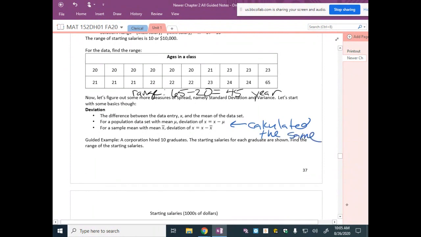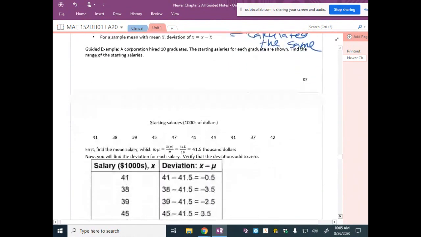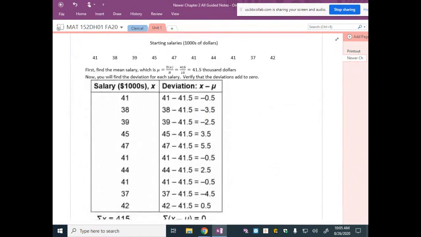What we're going to do here is figure out all of these deviations. The first thing we need to do is figure out the mean. You could have figured out the mean by plugging all this into list 1 and then using the graphing calculator.